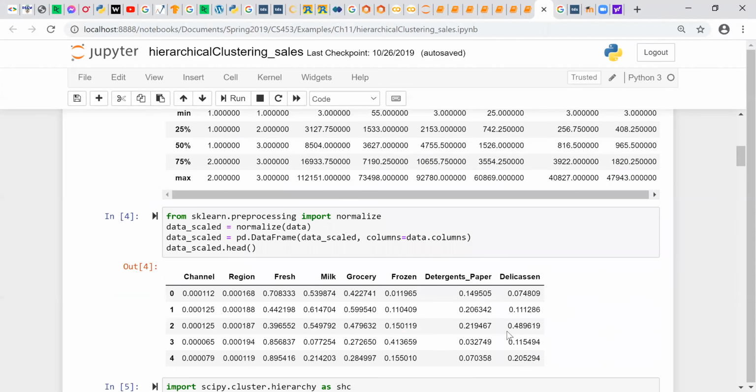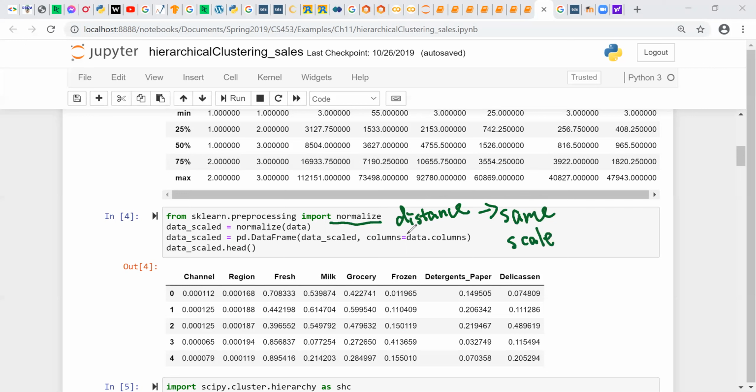In this example, the first thing we do is also normalize. We do this because you need to calculate the distance, so you want to bring all of the data to the same scale.